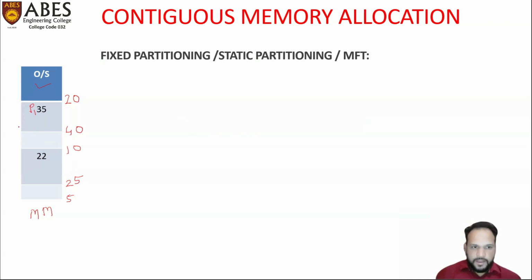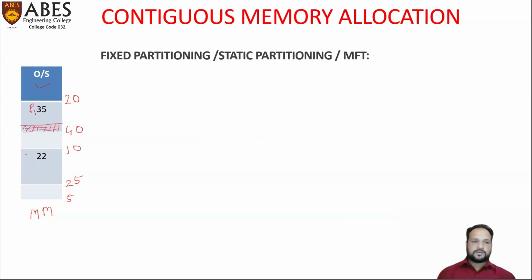So in this partition, there is a block of 40 MB that will accommodate the process P1, and the remaining 5 MB block will be kept empty.